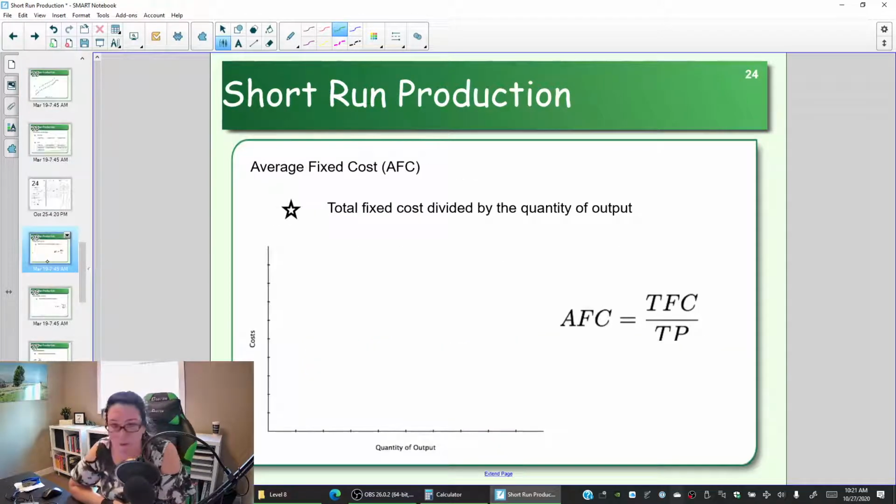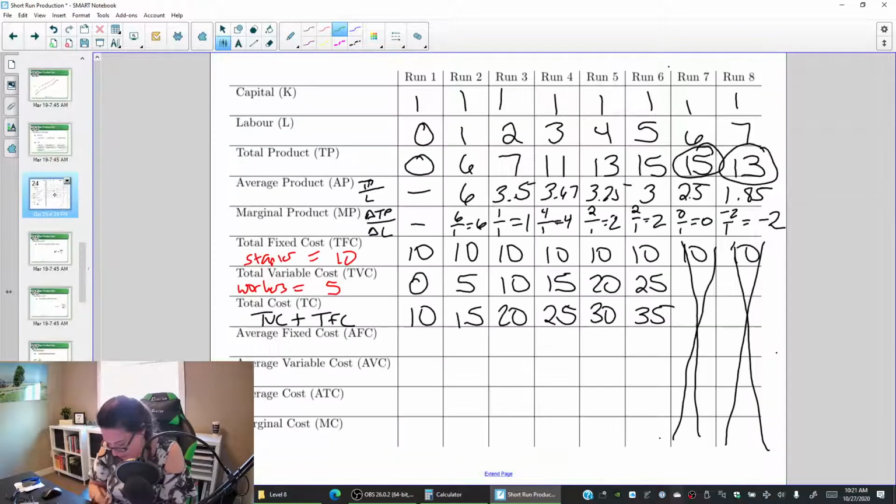All right, so average fixed cost is going to take the total fixed cost and divide by the amount we produce. So if we go back to our table here, our total fixed cost was the $10 stapler, and we divide it by our output.